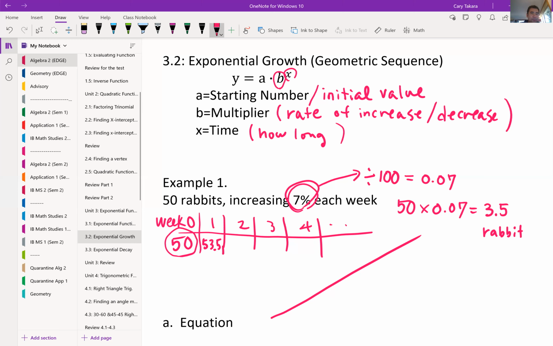So why are we not adding 3.5 rabbits every week? I mean, how do you figure out the week 2 over here?